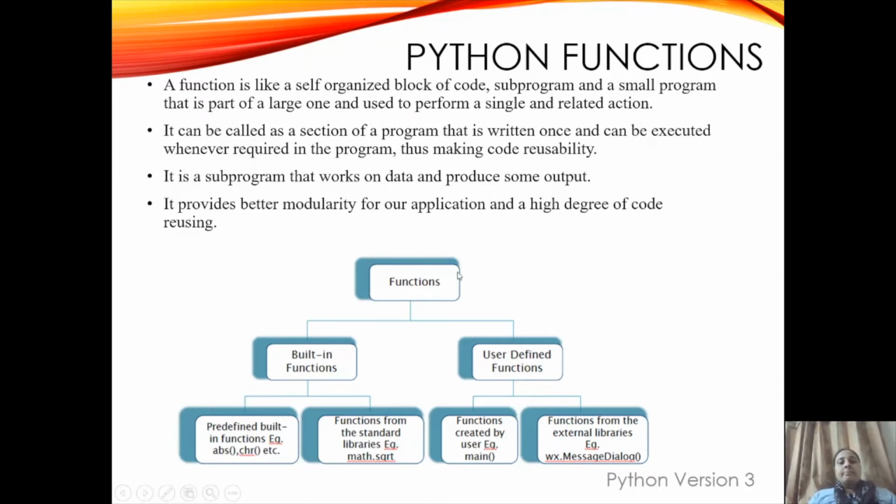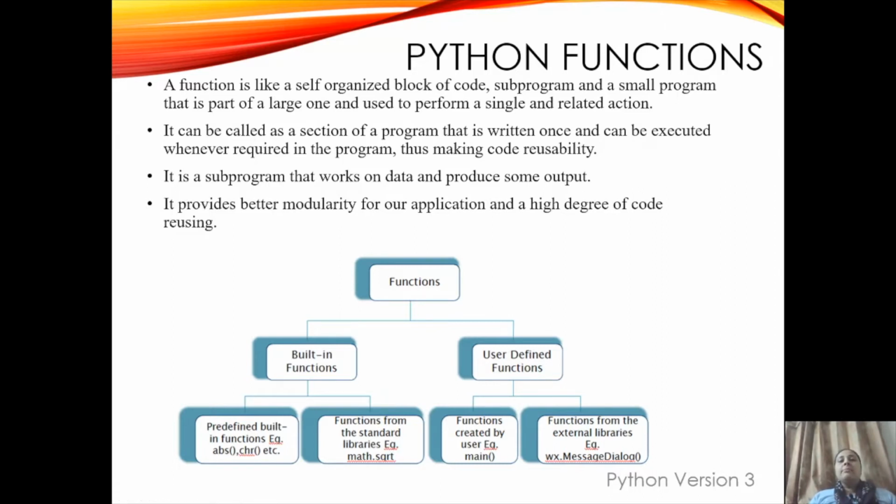Now here in Python, there are two types of functions available. One is the built-in function, the second is the user-defined function. Built-in functions are the functions which are available in the Python library, like the print function, input function, and random functions.